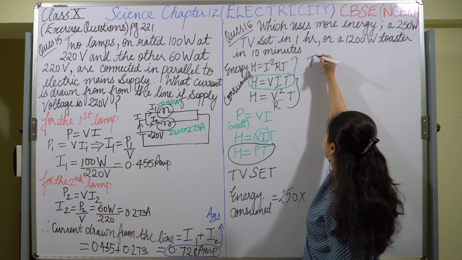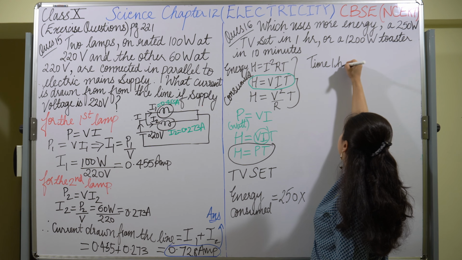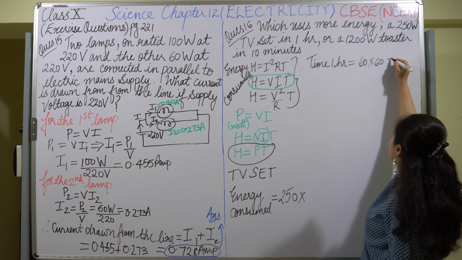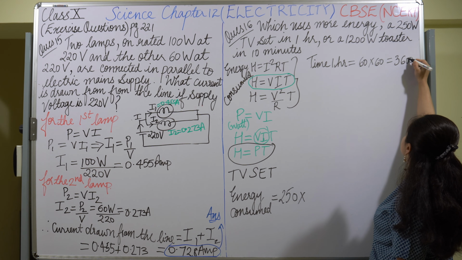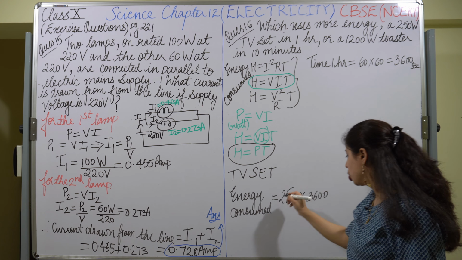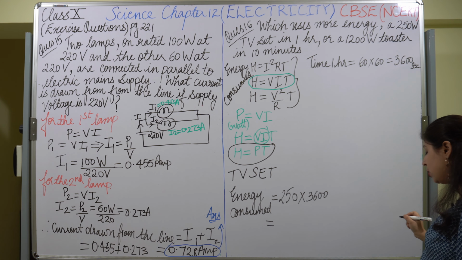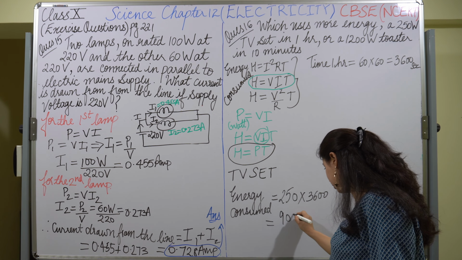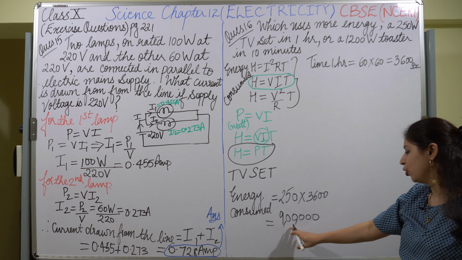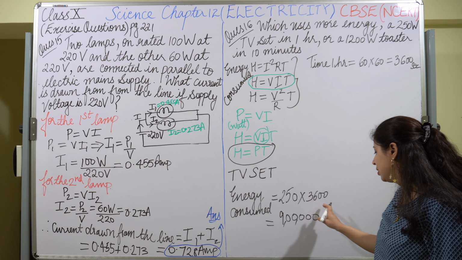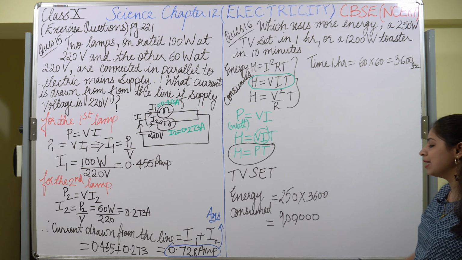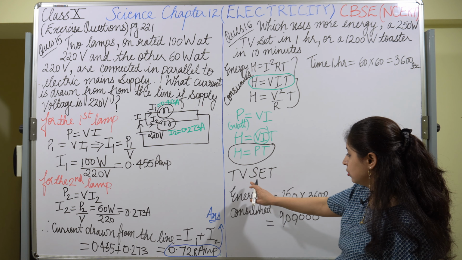So we'll convert the time. 1 hour will be equal to 60 into 60 seconds, that will give us 3600 seconds. So we'll be substituting 3600 over here. After multiplying, we get 900,000 because 3 zeros are here, and 25 into 36 will give us 900. Okay, so this is the energy consumed for the TV set.